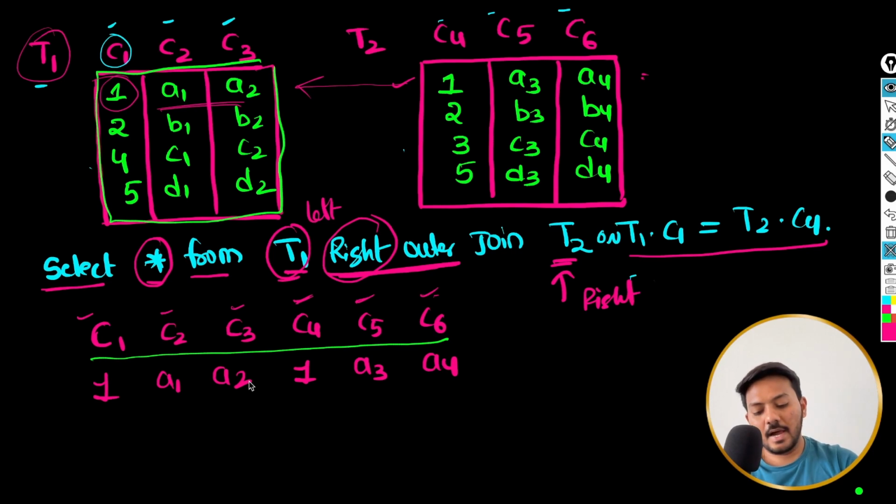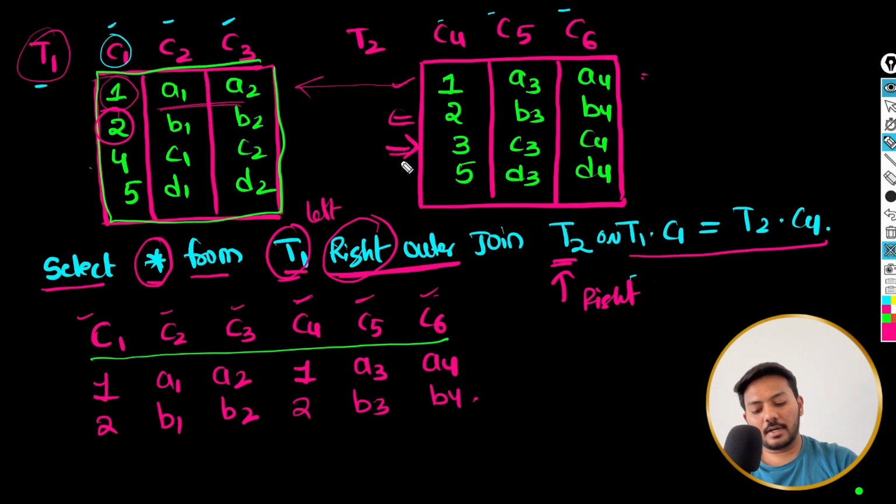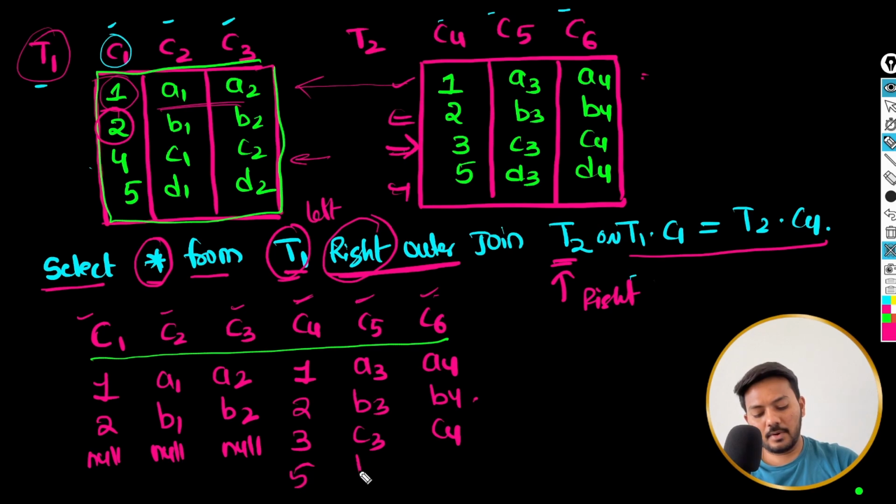Is that clear? Now it will go to the next record, which is 2, B3 and B4. Because 2 is present here, I will get 2, B1 and B2. Now it will go to the third record, which is 3, C3 and C4. Because 3 is not present inside it, I will get null values here. And then it will go to the record 5, D3 and D4. Because 5 is present here, 5, D1 and D2.